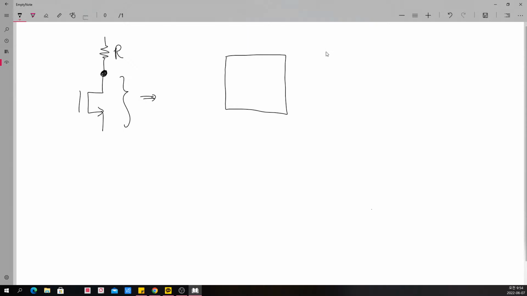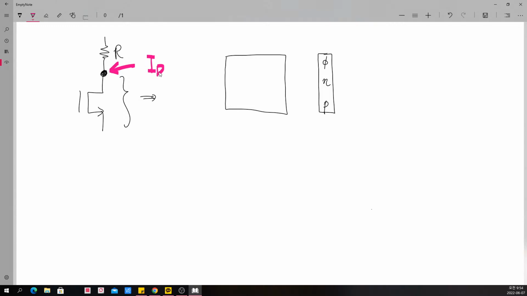Then you will have just a solution vector containing your electrostatic potential, electron density and hole density. However, in order to implement this general case, when you consider, for example, KCL, you have to understand what the ID of your transistor is.